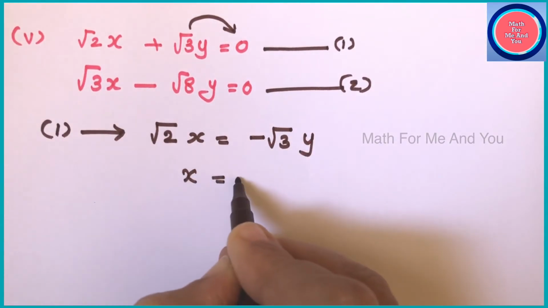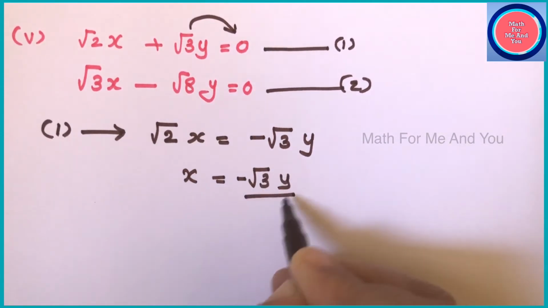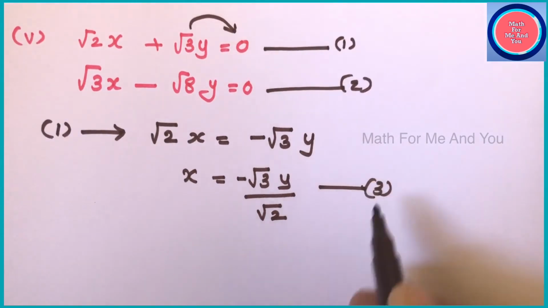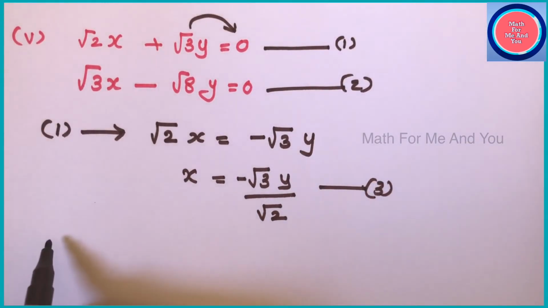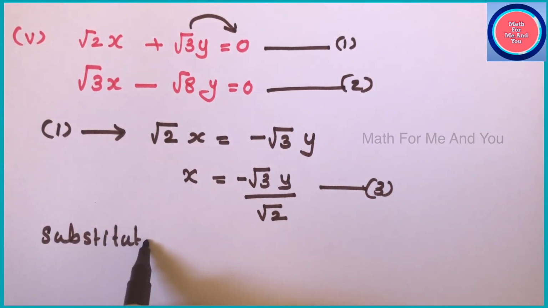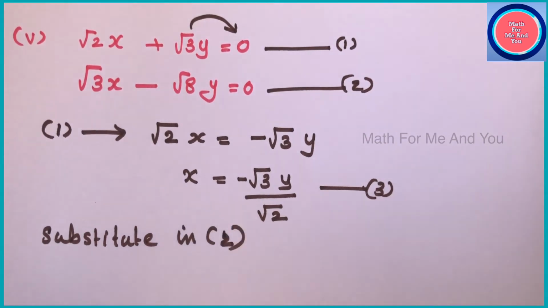What is the value of x? Divide with root 2. So it is minus root 3 y over root 2. The new equation, give it the number 3, equation number 3. Substitute the new equation in equation number 2 because we have taken equation number 1 as our first selected equation.